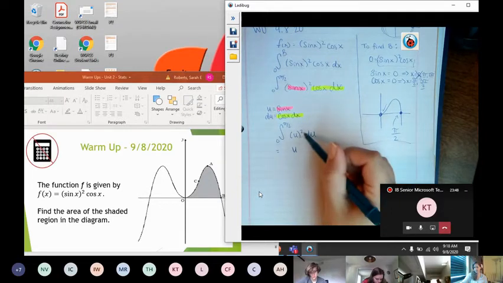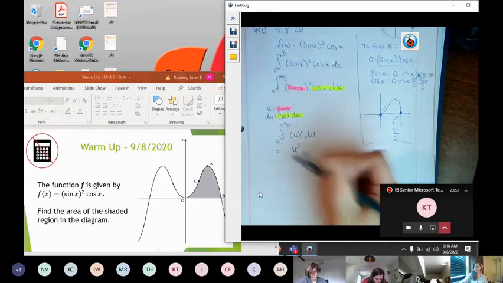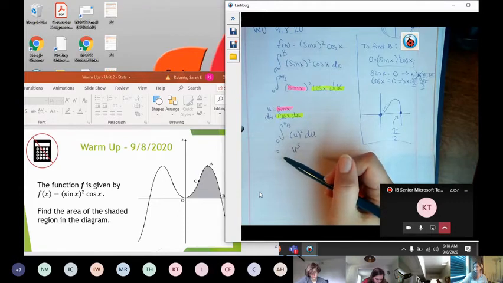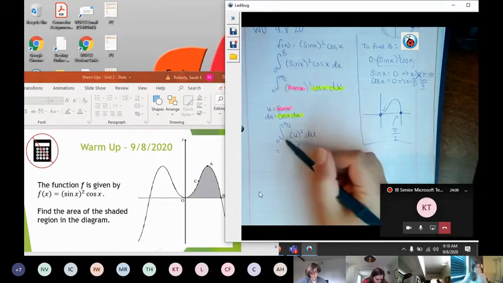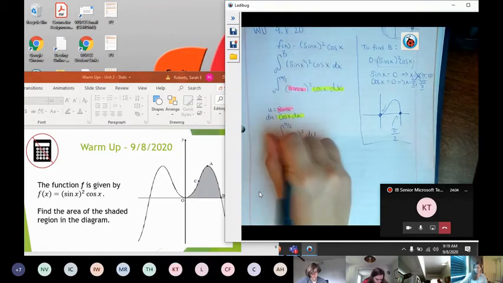I add 1, right? So it would be 3. Yeah, so now my coefficient needs to be what times 3 gives me 1? 1/3. Okay.